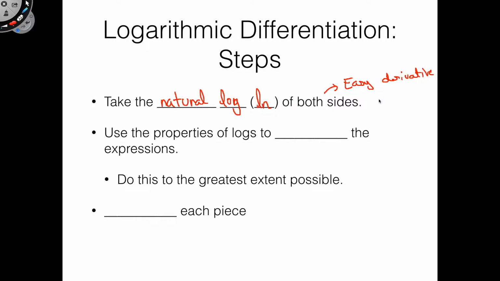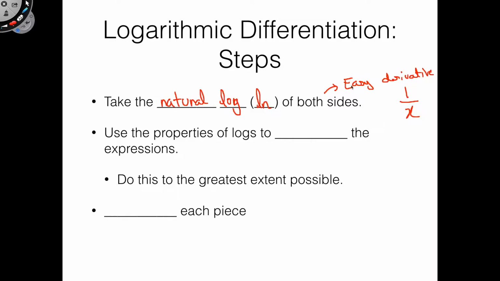The derivative of ln of x is very easy to take. It's just basically 1 over x, right? So that makes our lives a whole lot easier. You could do log base 5 of anything, but then you'd have 1 over x ln of a. So that just makes things a little bit more complicated than it needs to be. When you take an ln, you just have 1 over x, which makes your life a lot easier, as you will see in just a minute.